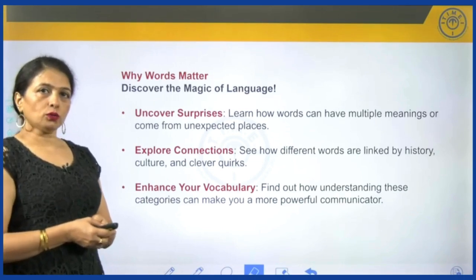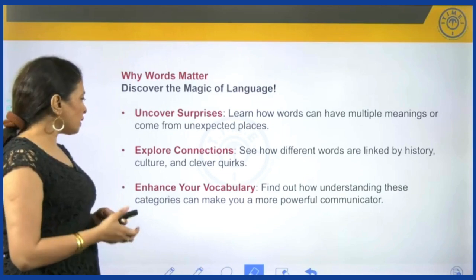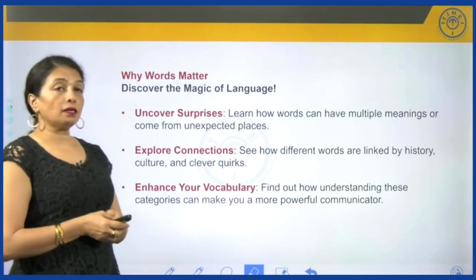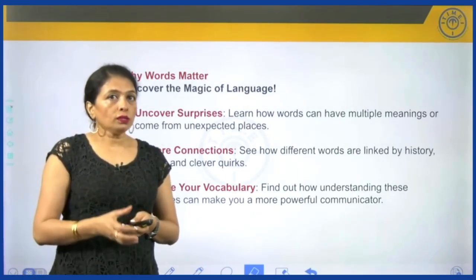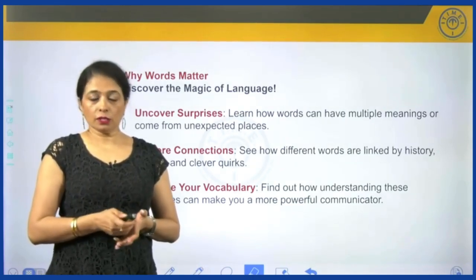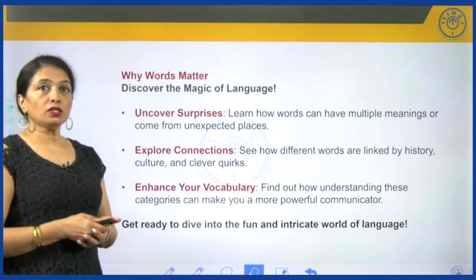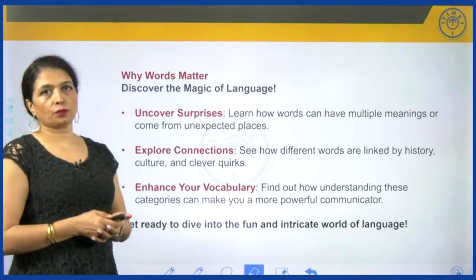So, I will take you through a few word categories, and when you understand how these word categories can help you, you will know that they will make you a more powerful communicator. Okay? So, with this, let us get ready to dive into the fun and intricate world of language. Take a look at what I have here.